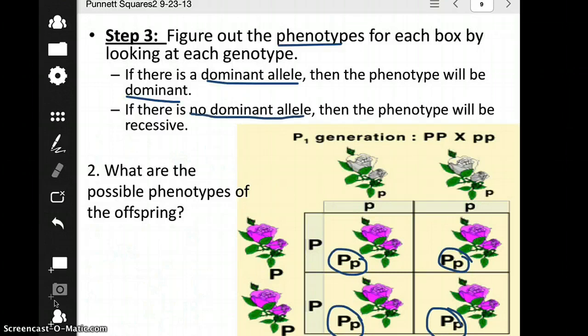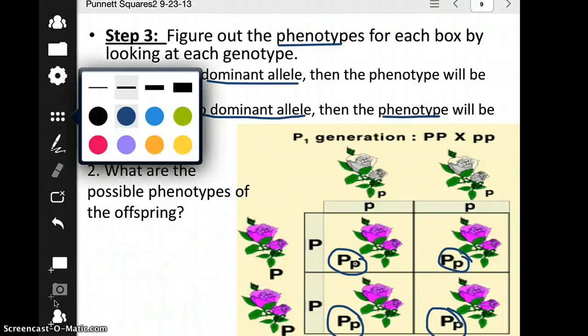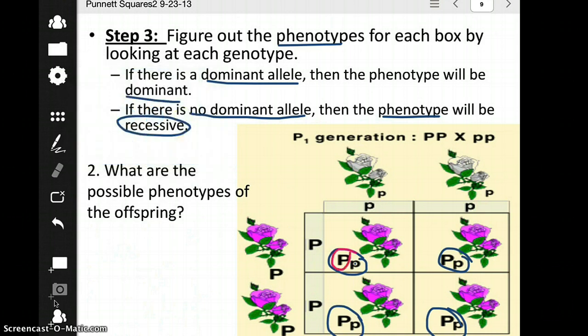If there's no dominant allele, then the phenotype will be recessive. And remember, recessive alleles only get expressed if the dominant's not there, okay?